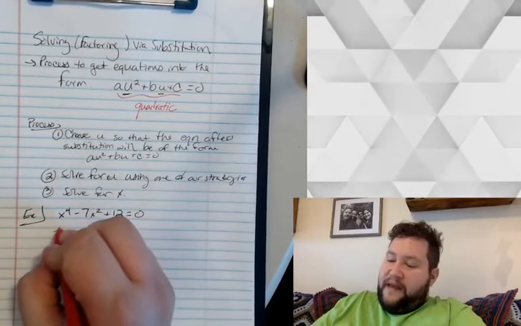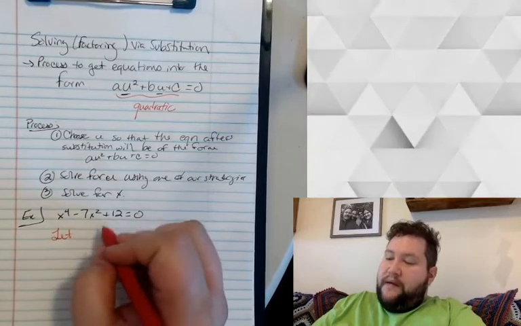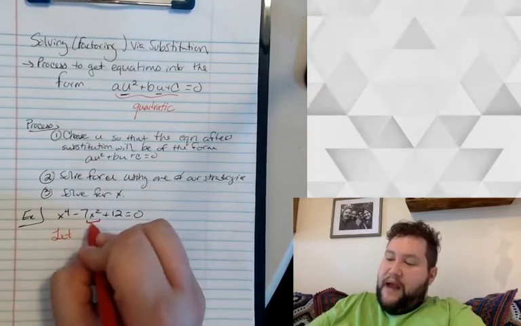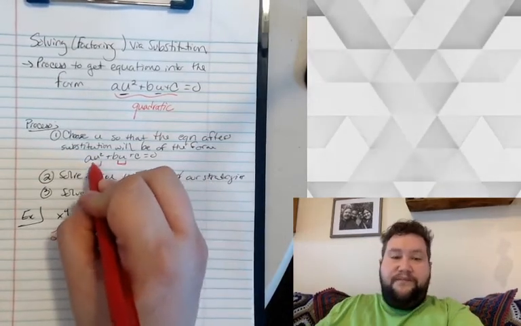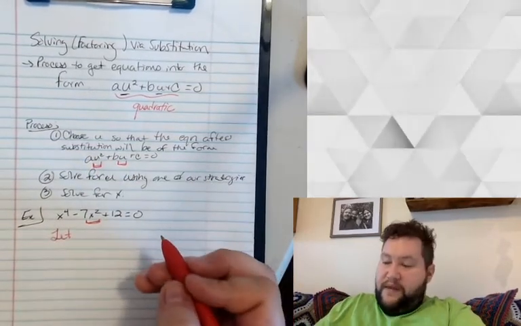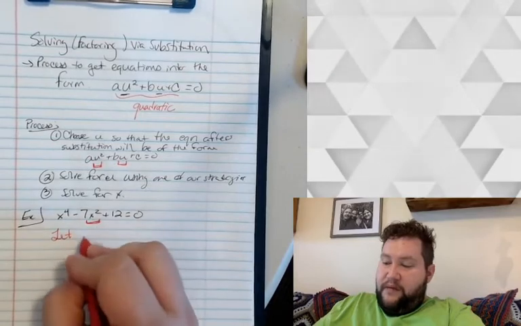So we're going to say, right, I need this to be a u and a u squared. Well, if I want this to be u, let u equal x squared.